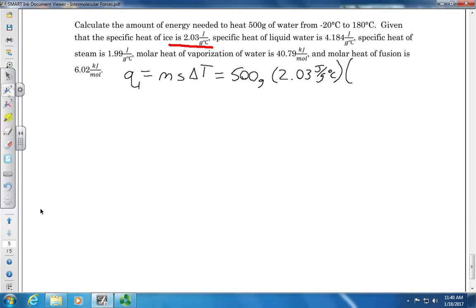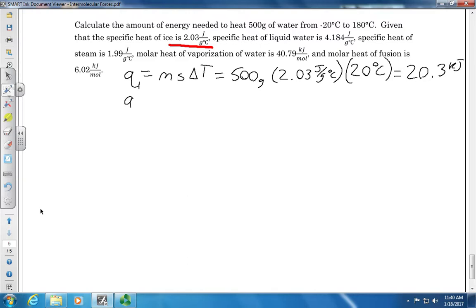So that's going to be 20 degrees Celsius. That's our change in temperature. So that's going to give us 20,300 joules, or if we convert to kilojoules, it's going to be 20.3 kilojoules.